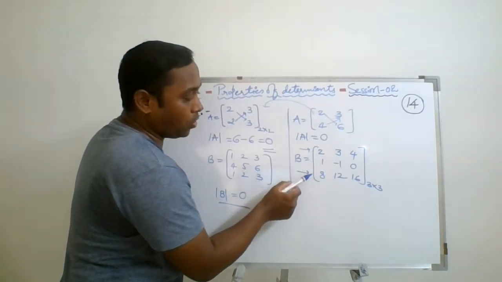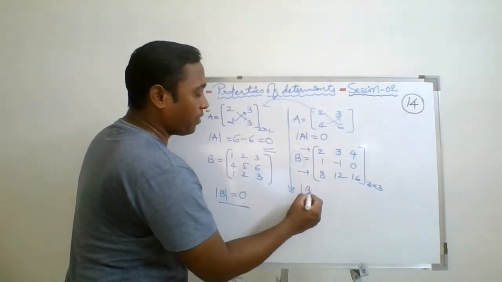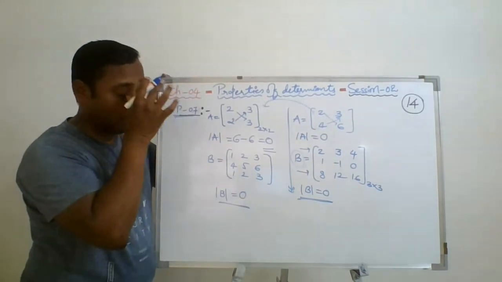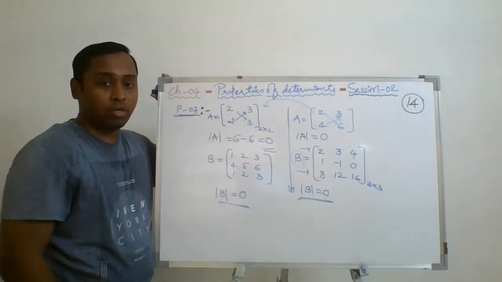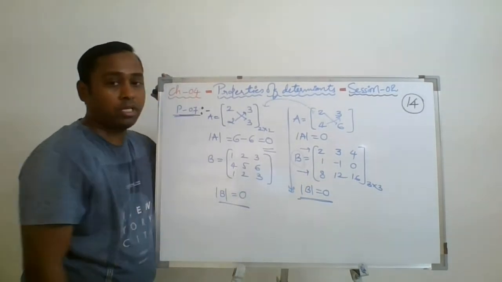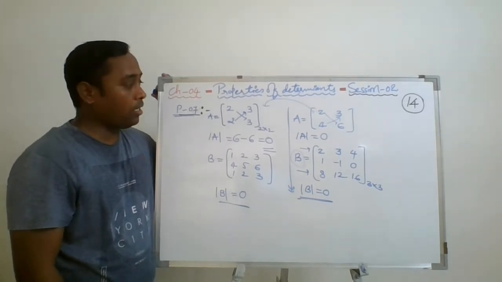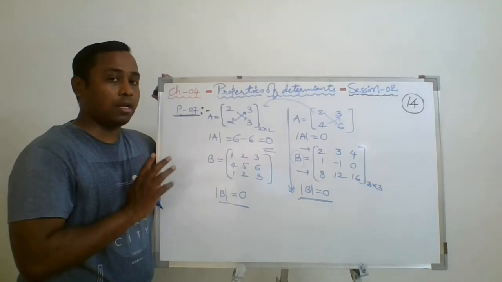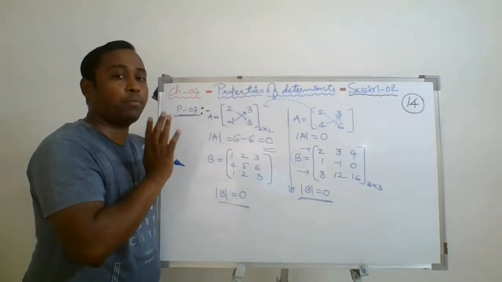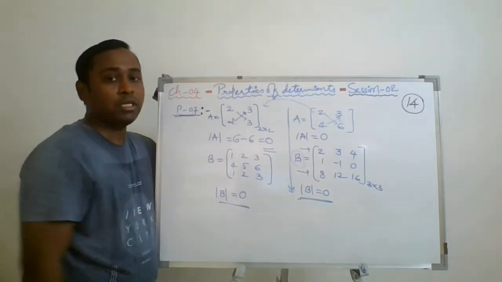Hence, row 1 and row 3 elements are proportional, so the determinant value becomes 0. No need to expand, no need to calculate further. Simply by using this property, you can say R1 and R3 elements are proportional, hence the det value is 0. So this is property number 7. I hope it is very clear. If any two rows or columns are identical, or if two rows or columns have proportional elements, then the determinant value becomes 0.